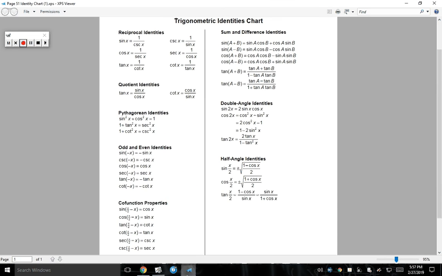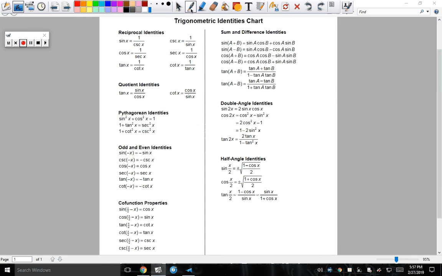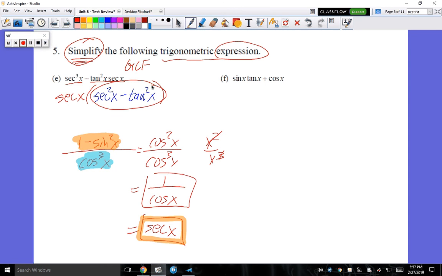And a secant squared minus a tangent squared is another form of manipulating one of these identities that is shown right here. Let me go ahead and find it real quick. So right here, if I were to move over tangent squared, I have 1 is equal to secant squared minus tangent squared. So secant squared minus tangent squared is what we have here. So it's like saying secant times 1, which is still going to be secant as your answer.